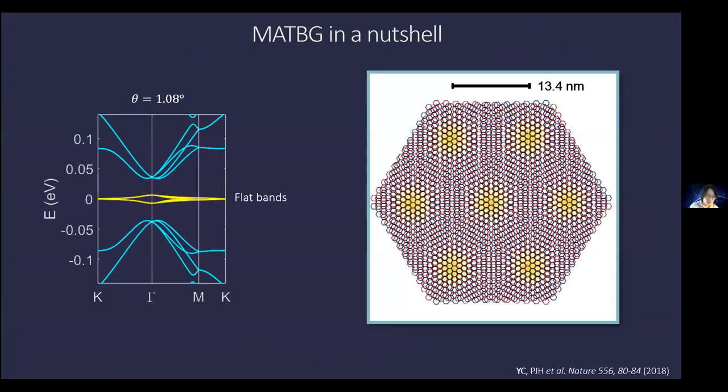At this magic angle we have flattened bands, which means there are isolated states in real space separated by a length scale of about 14 nanometers. In our case, these electrons are localized at the AA stacking sites, while the AB and BA stacking sites are kind of empty. The electrons don't like to stay there.